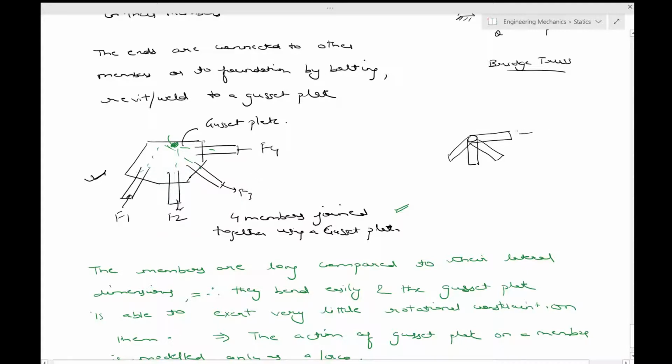So this is F4, F3, F2 and F1. Okay, so we have this pin joint.